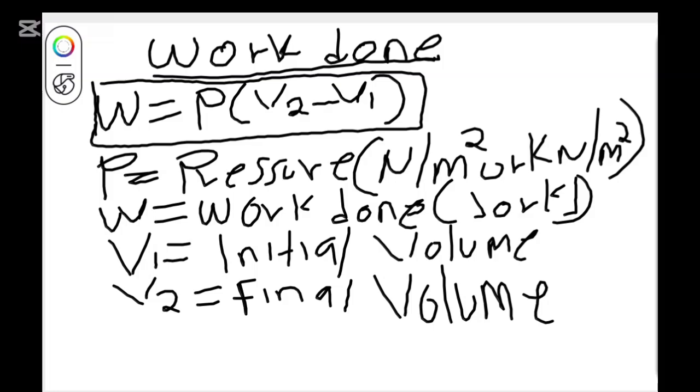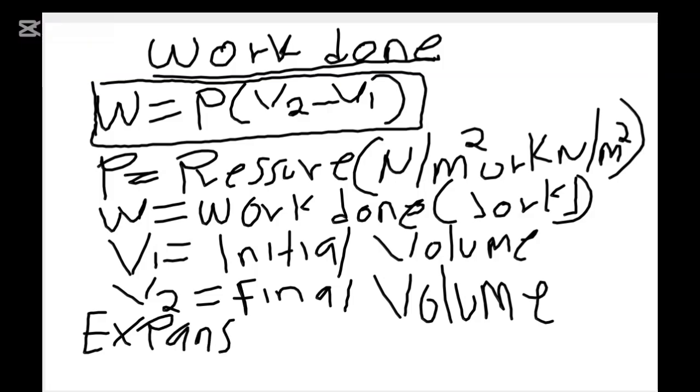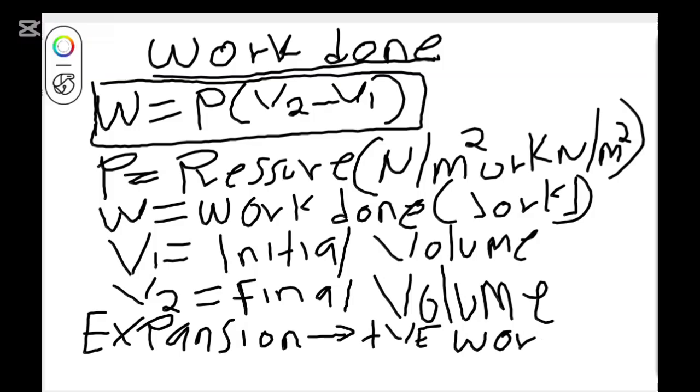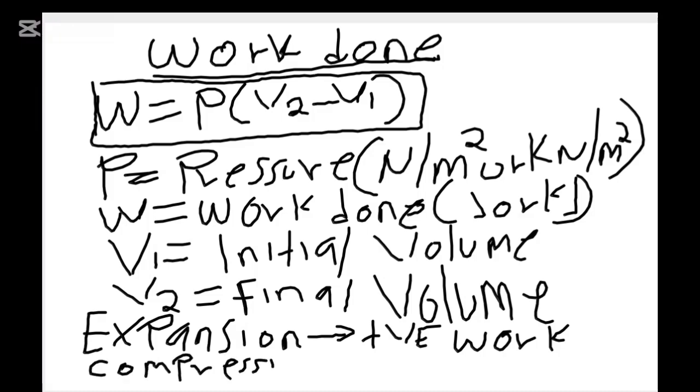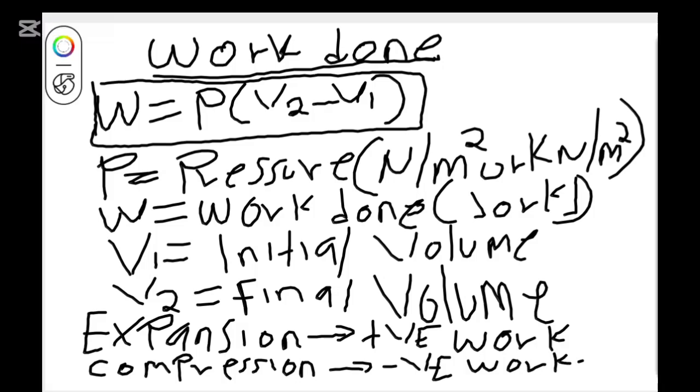Let's say expansion is positive work, and let's say compression is negative work. So this is all for the work done formula.